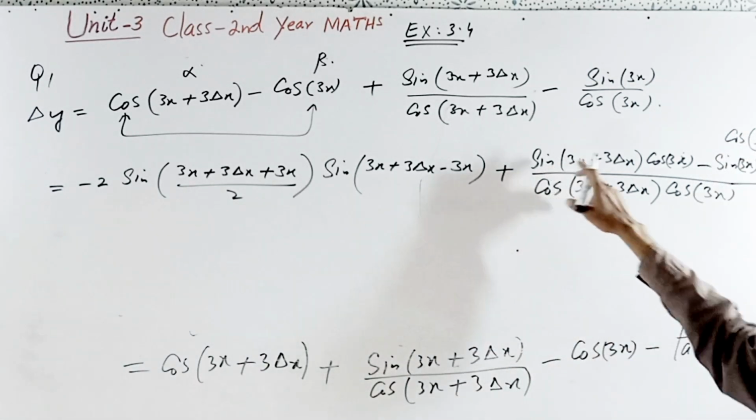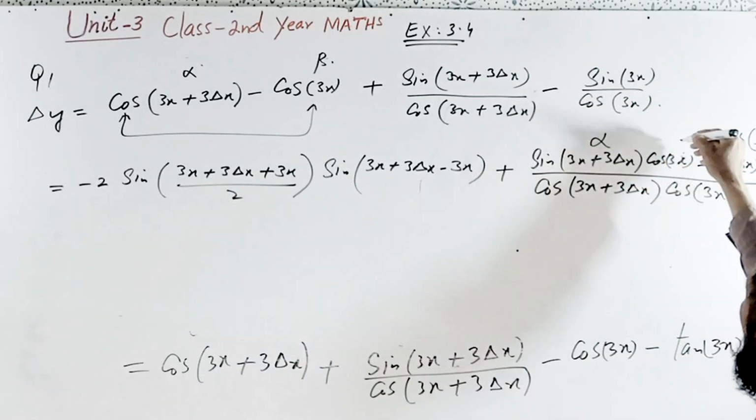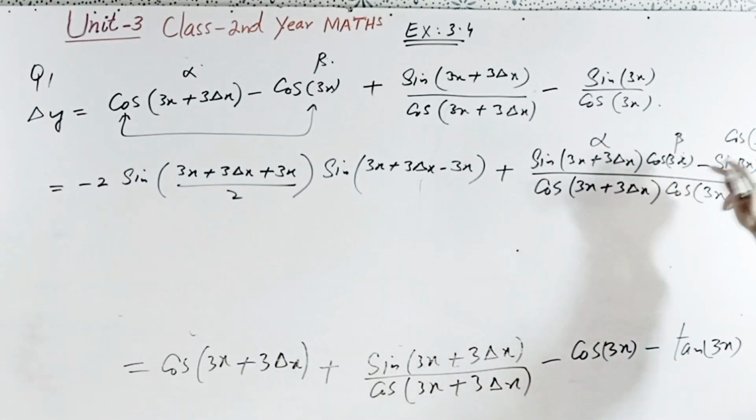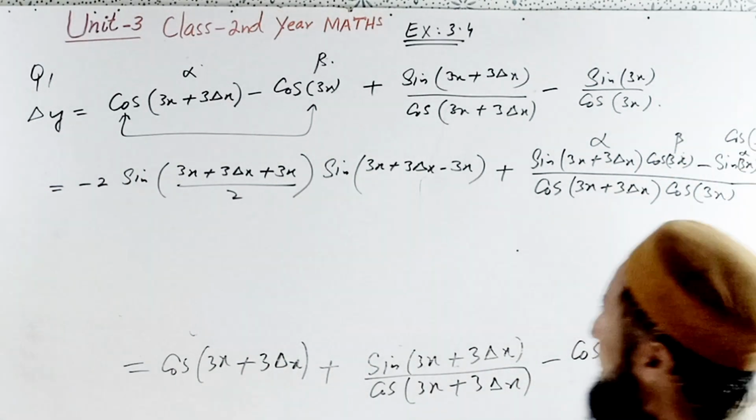Now we consider alpha and beta: sine alpha cos beta minus cos alpha sin beta gives sine of alpha minus beta.